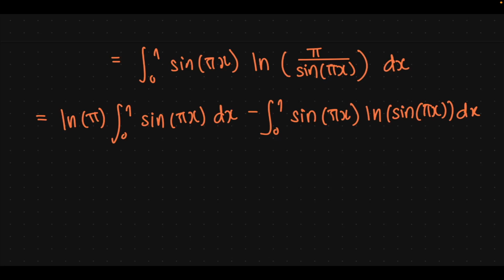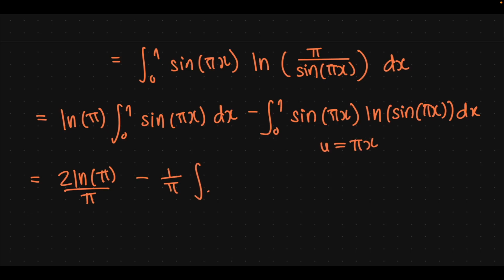Now the first integral can be evaluated nicely, and I'm not going to do it. It's an elementary integral, 2 ln pi over pi. All you do is this becomes a minus cosine pi x divided by pi by the inverse chain rule, and then plug in 0 and 1, and you get 2 over pi minus 1 over pi, because what I'm doing here is u equals pi x.